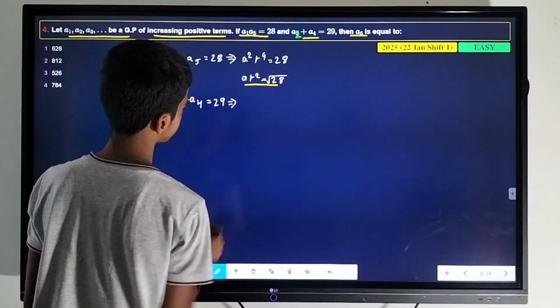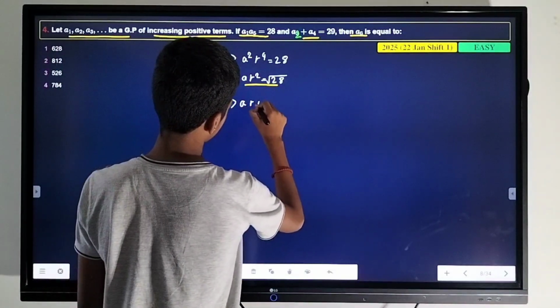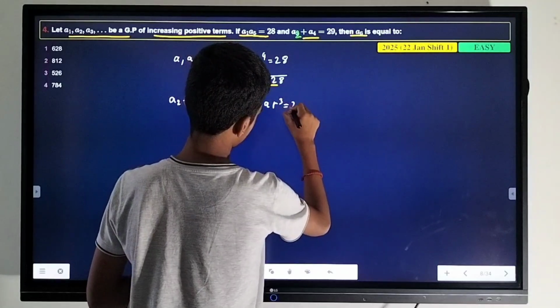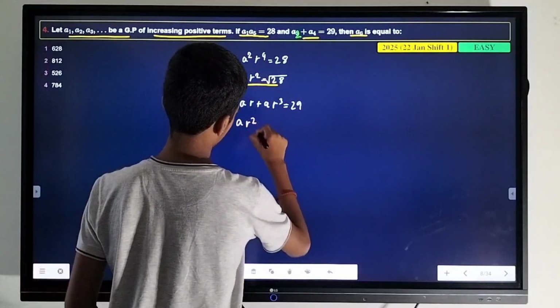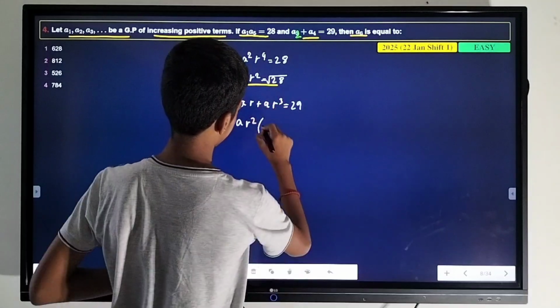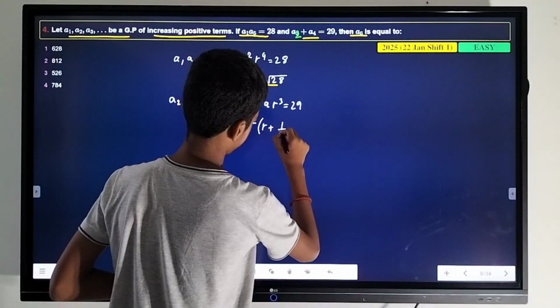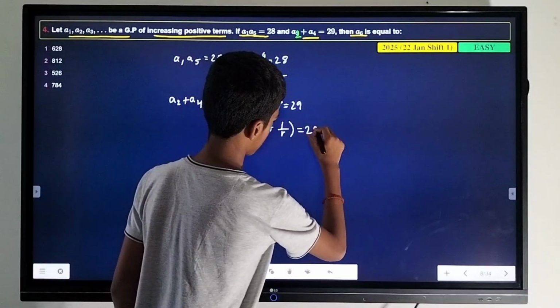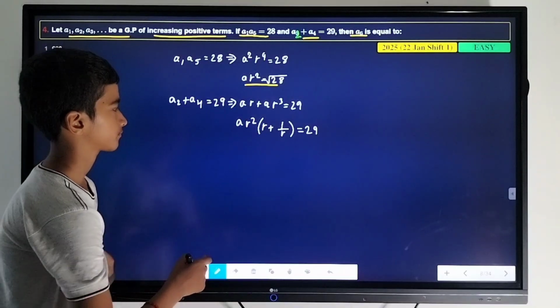We will get ar plus ar cube is equal to 29. We will take ar square common. ar cube will be r and this will be 1 upon r is equal to 29.